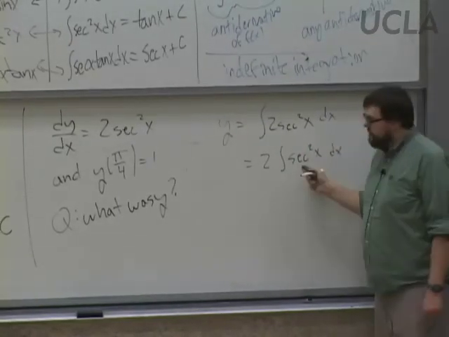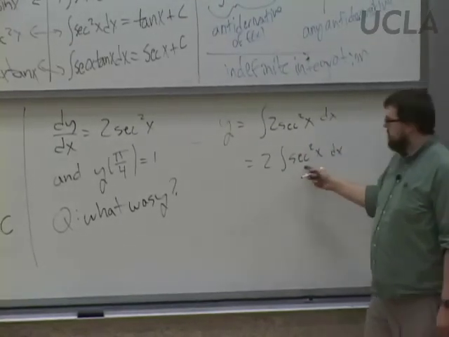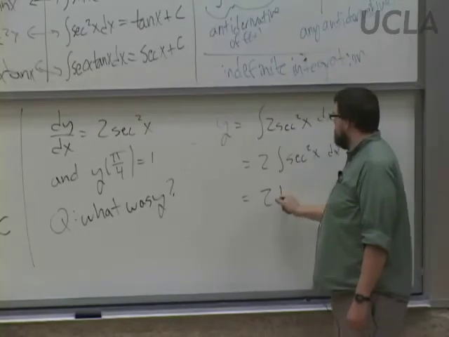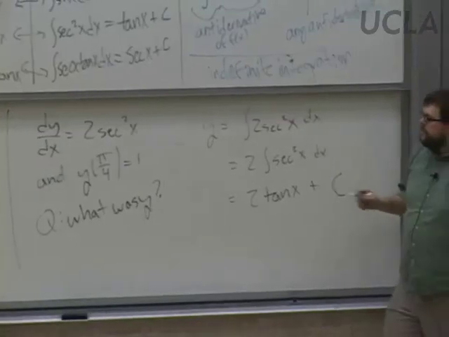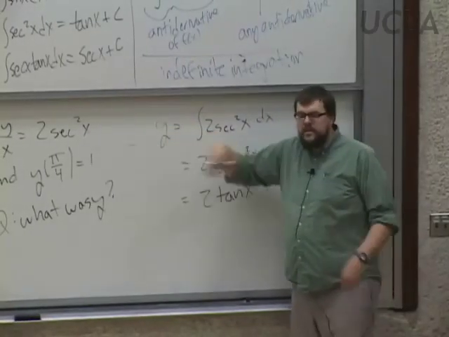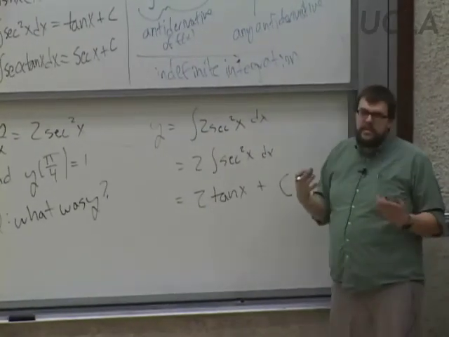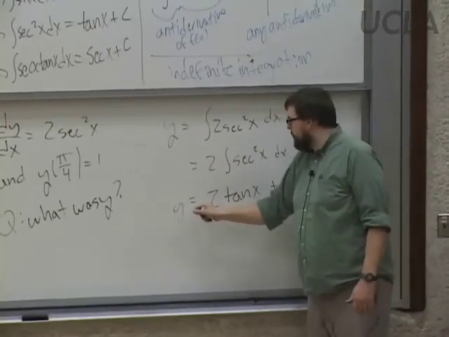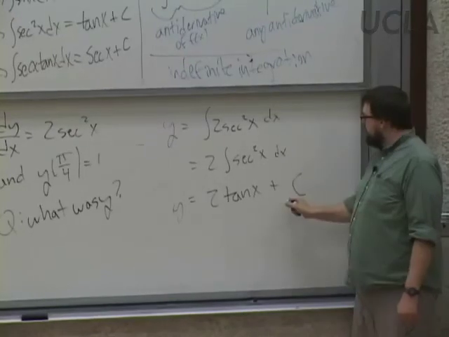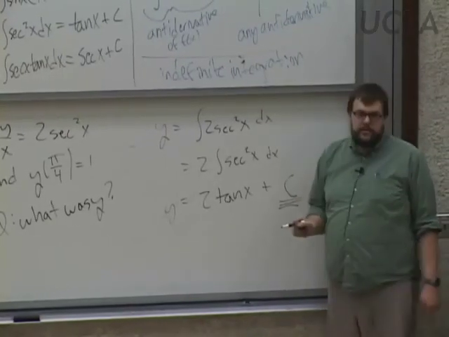Then do we know what the antiderivative of secant squared x is? Yeah, it's tangent x, so 2 tangent x plus some constant c. So just the fact I know what the derivative is isn't enough for me to say what y is, but it tells me what y looks like. Y has to look like something in the form 2 times tangent x plus c. The problem is, of course, c could be anything I want.